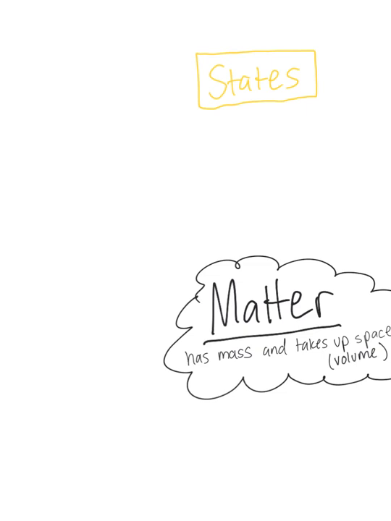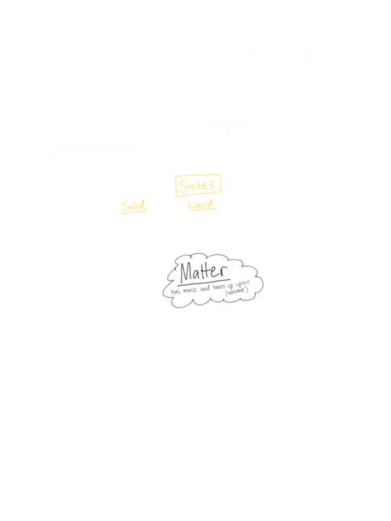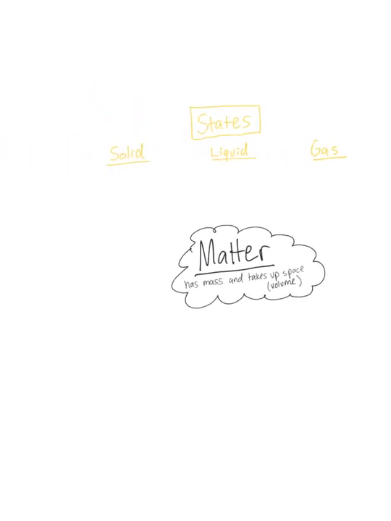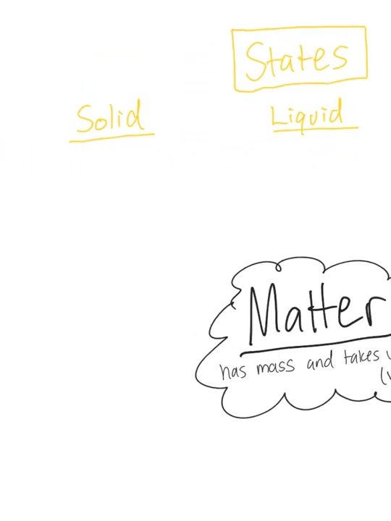We're just going to stick to the 3. But they are solid, liquid, and gas. So a solid, a liquid, and a gas, okay? And now we're going to break each of these down.